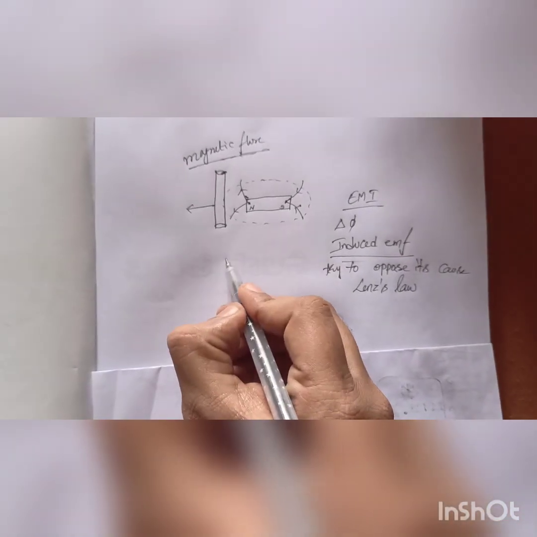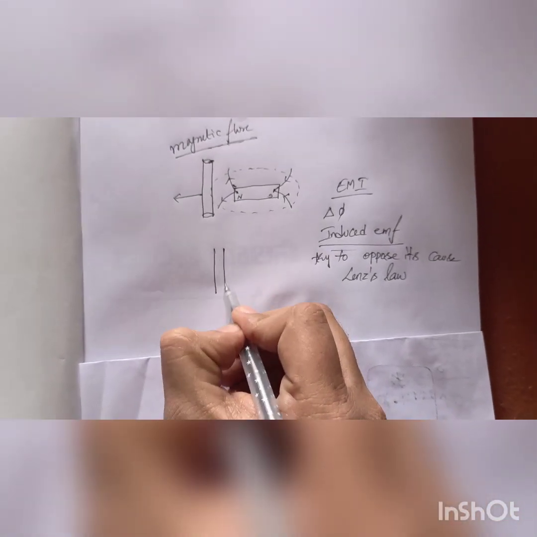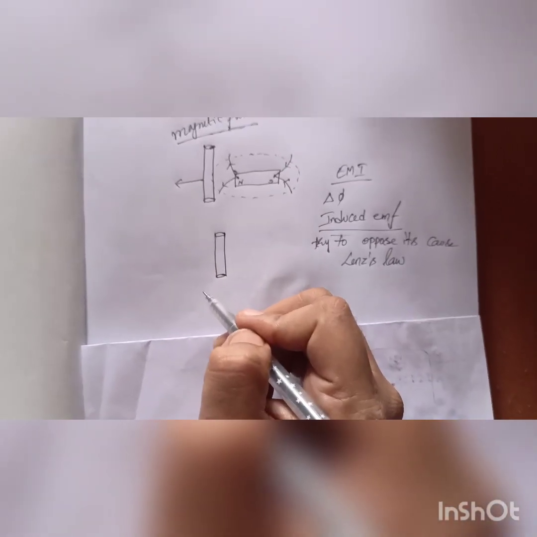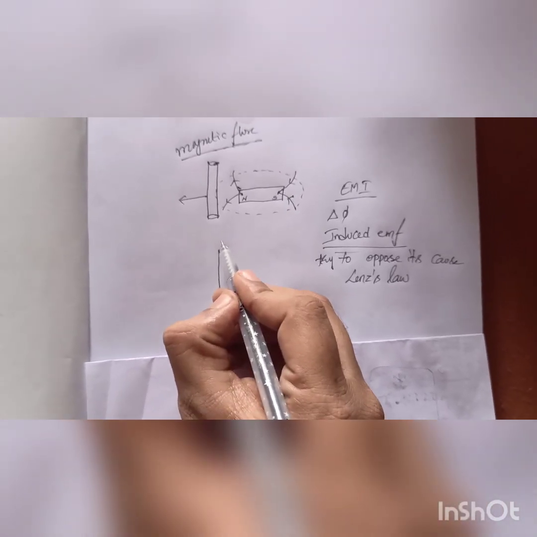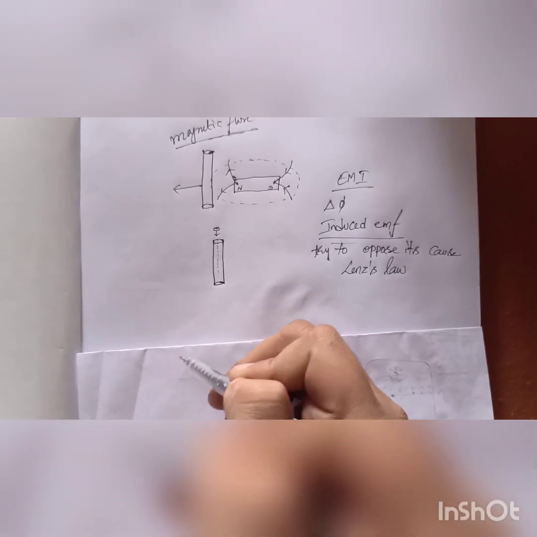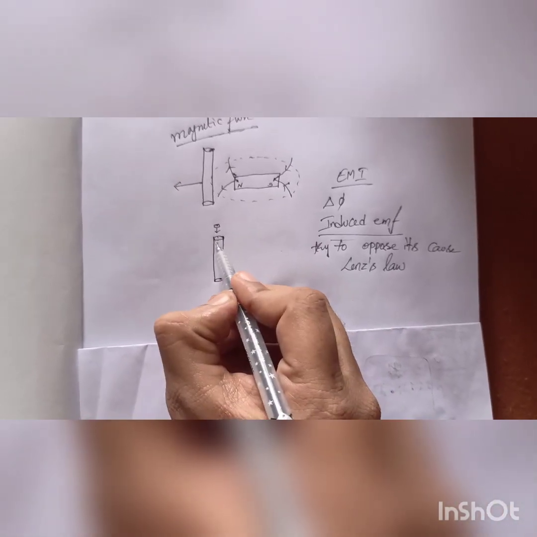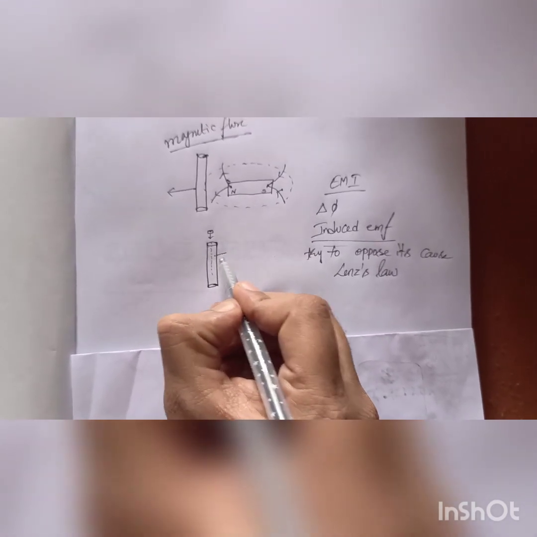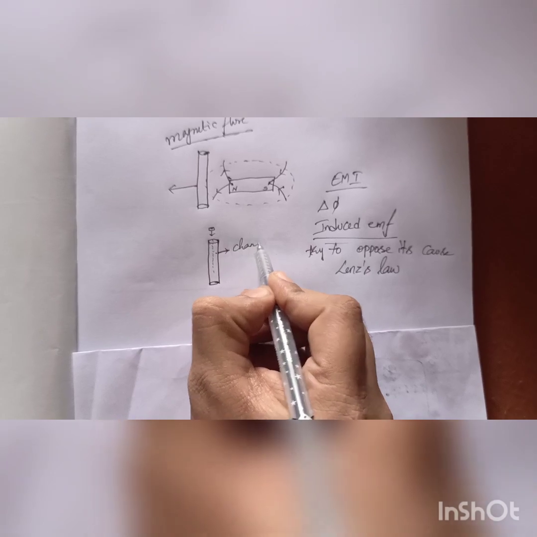So here, coming to the question, I have taken a copper tube. Through that copper tube I have dropped some objects like a cylinder or a sphere, etc. Coming to the magnet which I have dropped, this magnet is falling down, so it is allowed to pass through this copper tube. Whenever it passes through this copper tube, the magnetic flux linked with this copper tube will change.